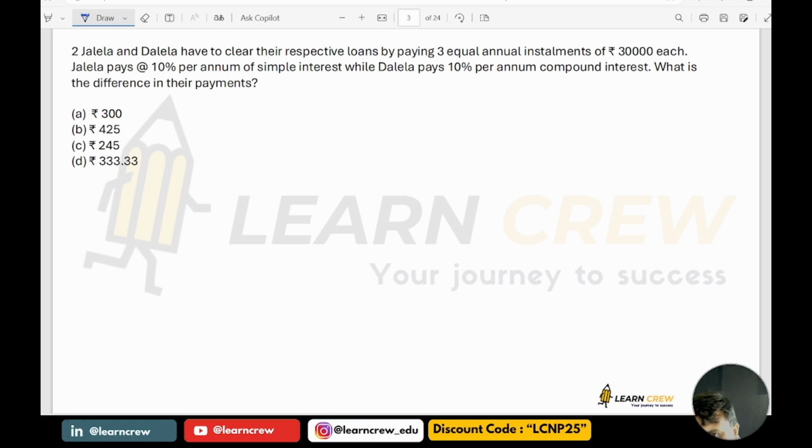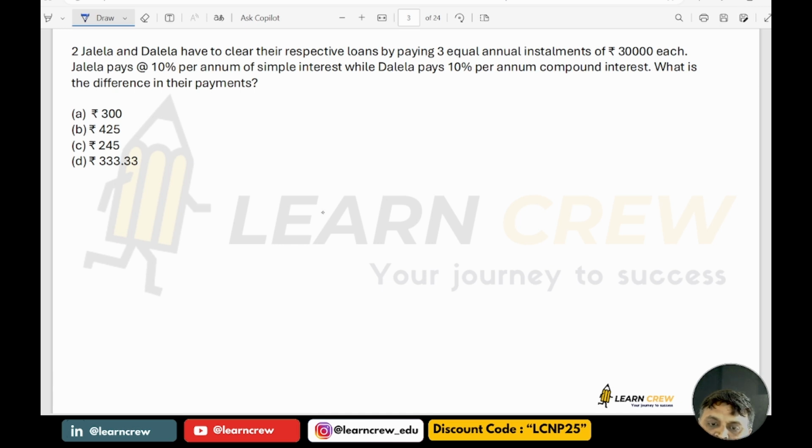So what is the difference in their payments? If you see here, 3 equal installments. For the first installment no interest. It will be 30,000 only. And Jalela is paying simple interest and Dalela is paying compound interest.